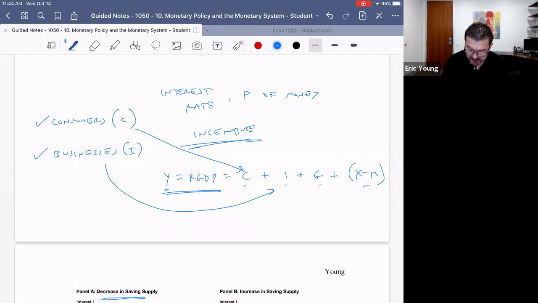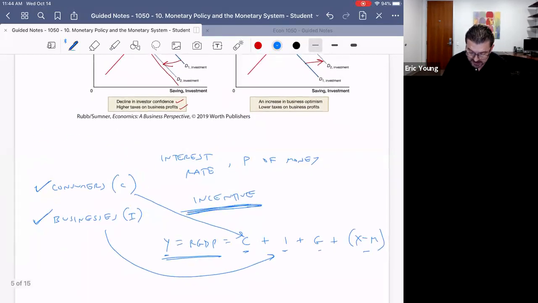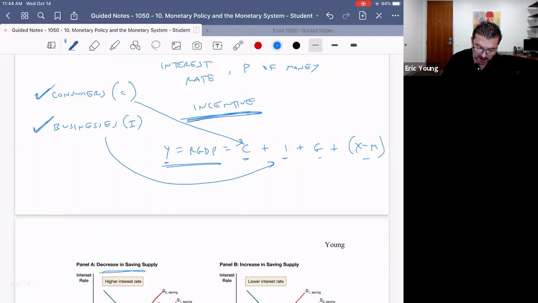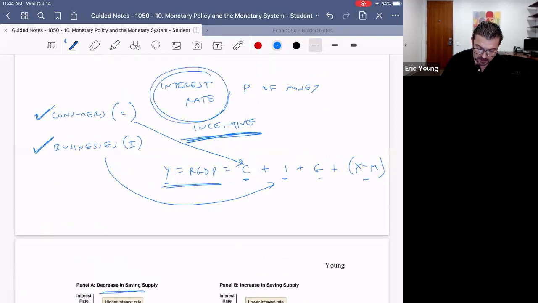And since C and I, consumer and business spending, are such critical parts of output and of a country's wealth, and if interest rates play such a strong role in the incentives underneath consumer spending and business spending, you put all that together and you see that fundamentally interest rates are going to play a big part, among many other factors for sure, but by themselves, interest rates will play a big part in a country's output, standard of living, and wealth.